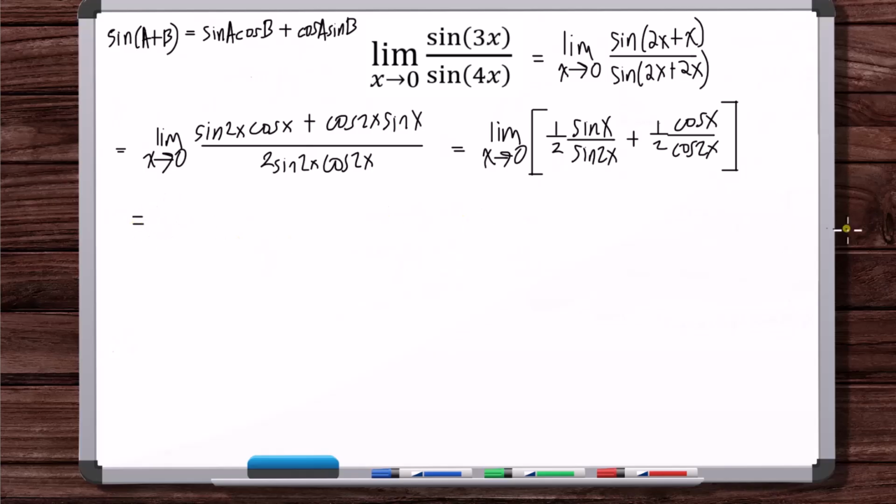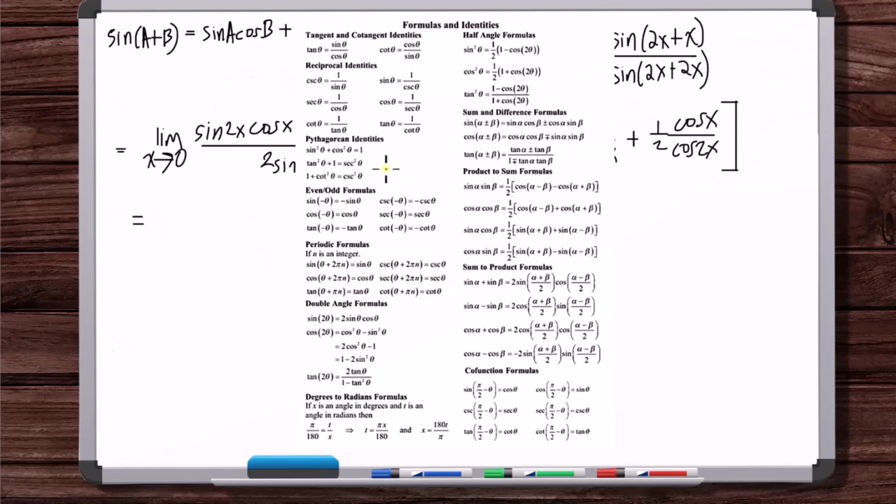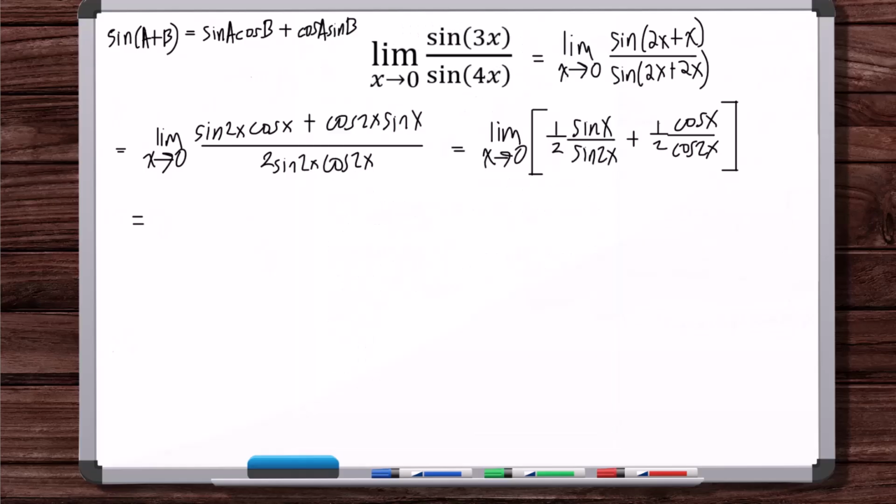Now, next, let's apply the double angle formula for sine. Sine of 2 theta is equal to 2 sine theta cosine theta. So 2 times 2 sine x cosine x.